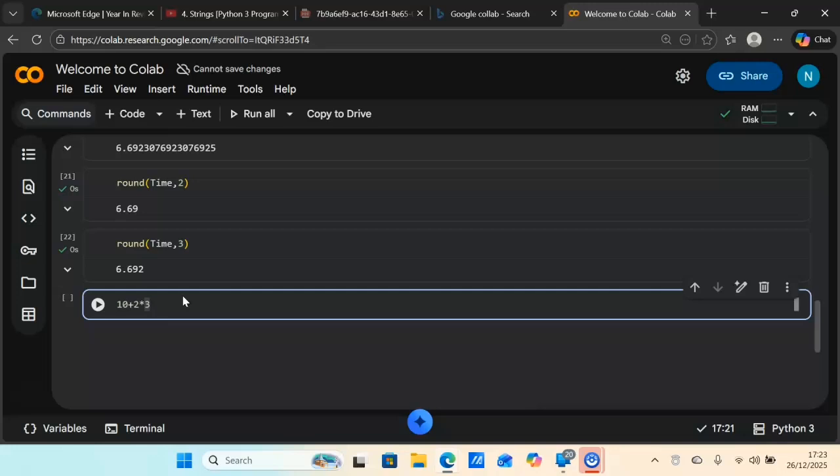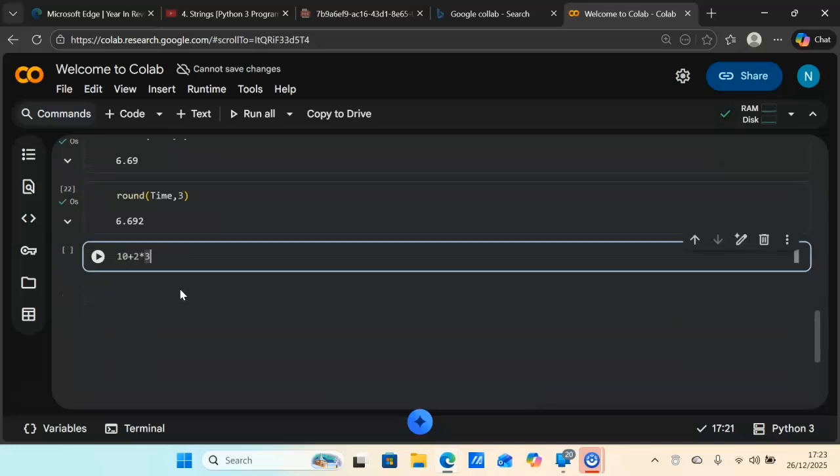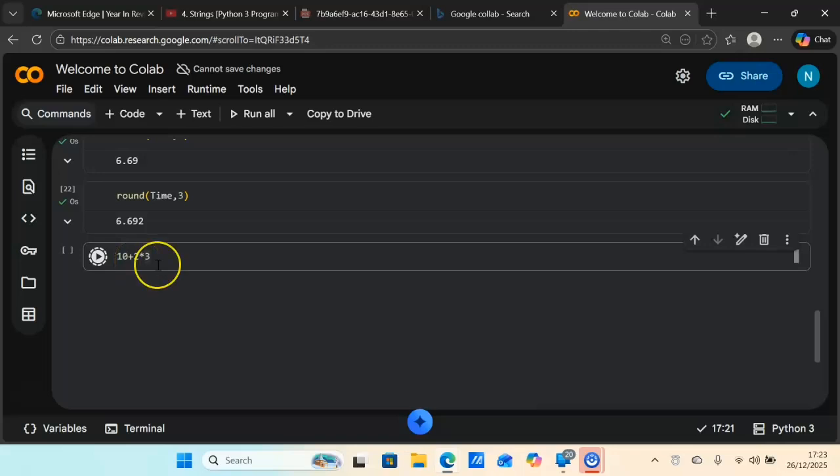But in Python, what Python uses is PEDMAS, just like BODMAS, but it uses PEDMAS. So when you solve this, you should be getting 16. So what did it do here? It did 2 times 3, which is 6, and then added it to 10.